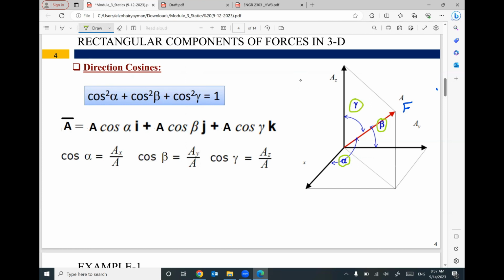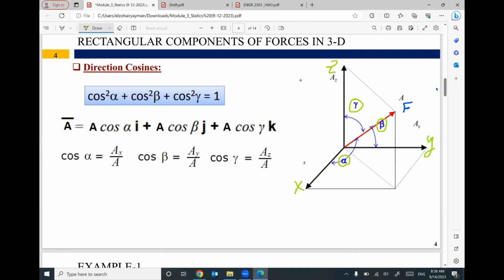Alpha is between the force and the x-axis. Beta is between the force and the y-axis. Gamma is between the force and the z-axis. So the given angles are between the force arrow and your axes, x, y, and z.